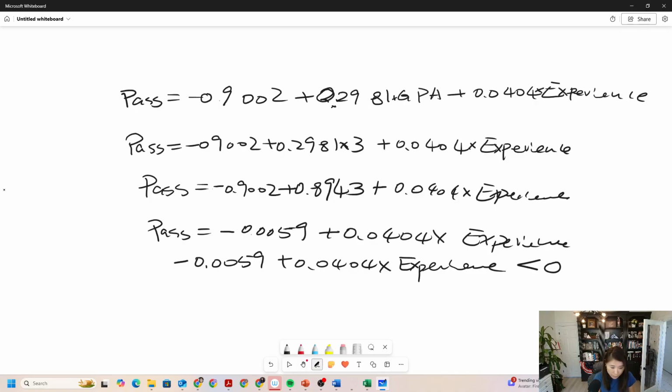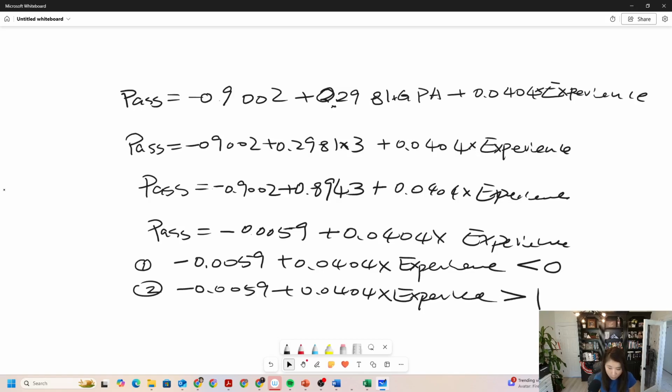The second one you need to solve is negative 0.0059 plus 0.0404 times experience larger than 1. That will help us understand the minimum amount of year experience you need so that this probability will become larger than 1.